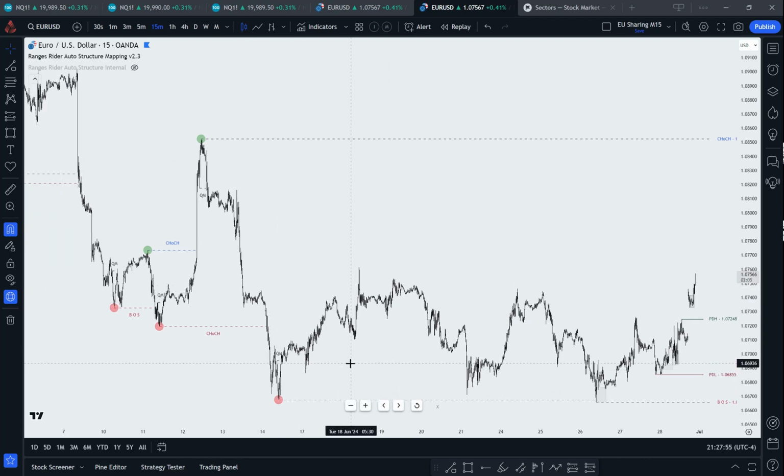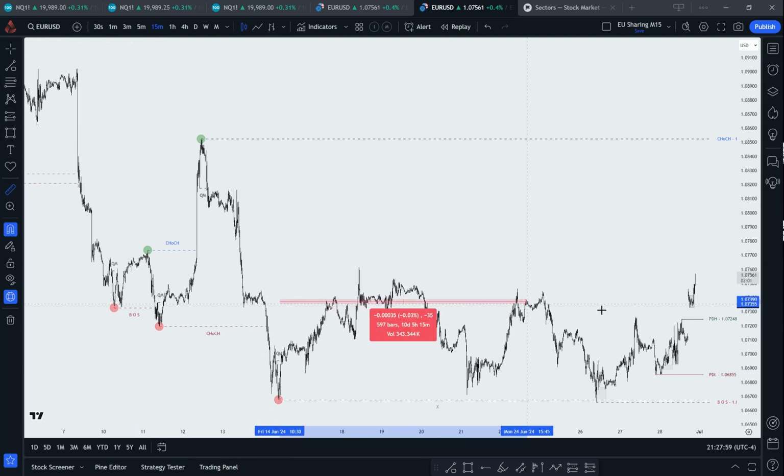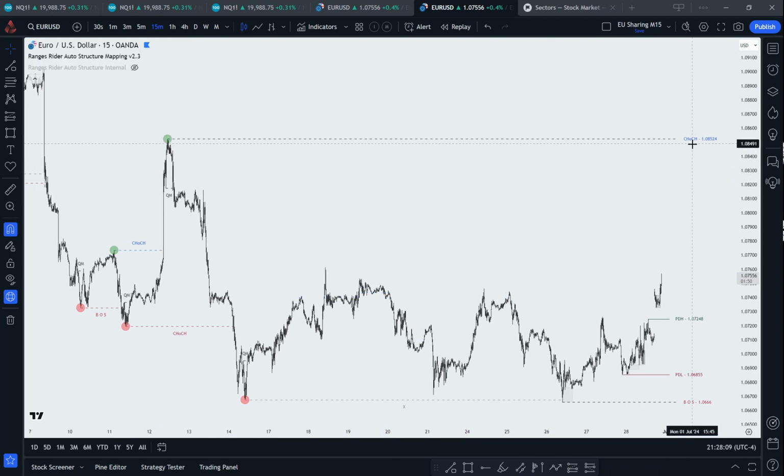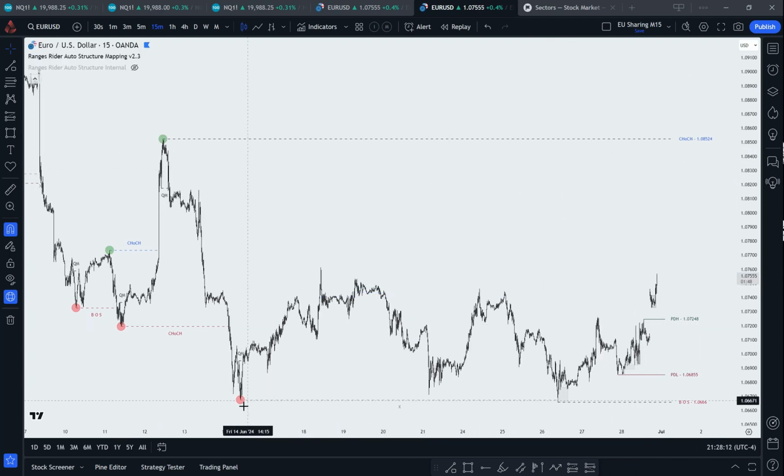In this case, if you check, this range is almost 16 days, so we can't just wait for the market to take out this high as a change of character or this low as a break of structure, we have to play this area.